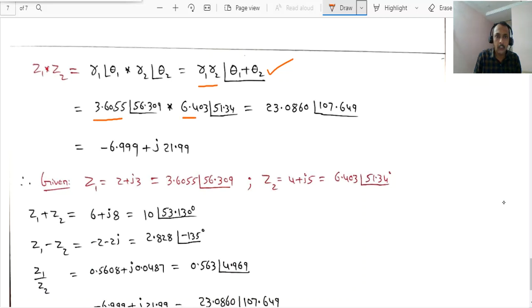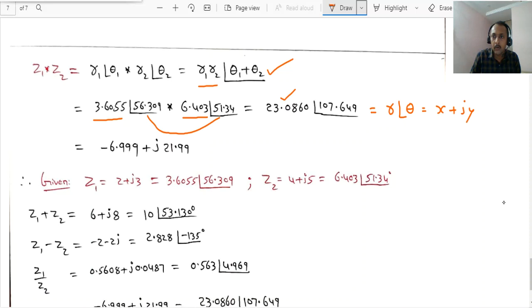3.605 into 6.403, you will get 23.0860. These two angles, 56 and 51, add: 107.649. Now this is in the form of R at an angle theta. You want to write it in the form of x plus jy.